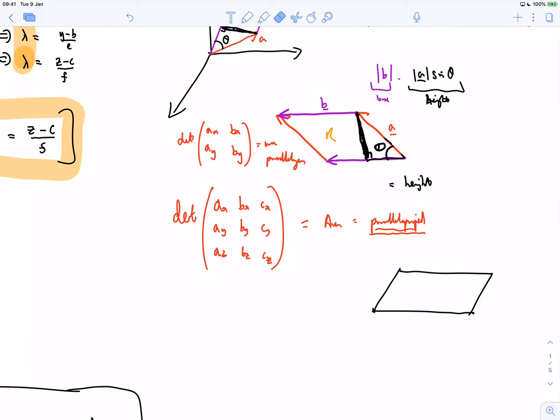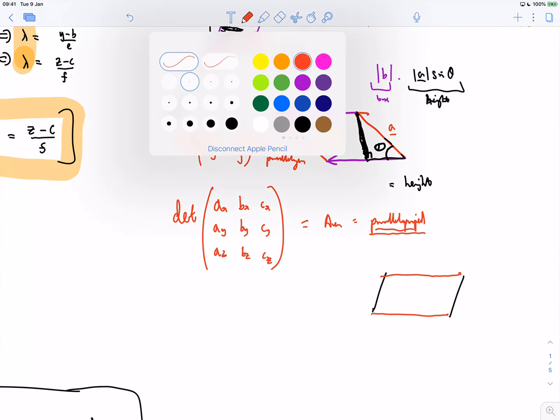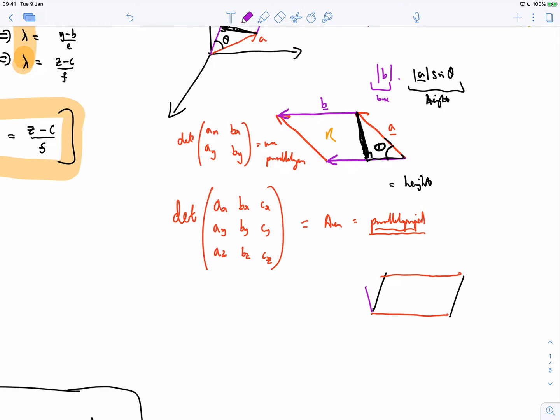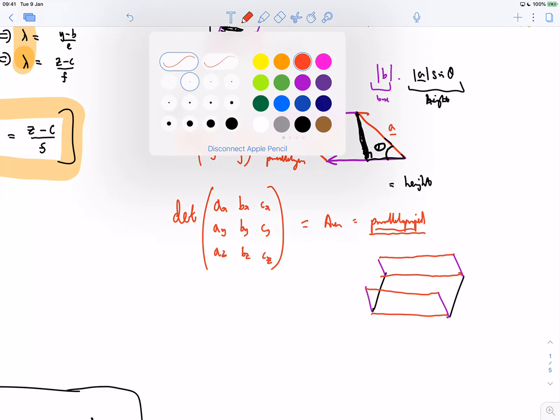So what I'll try and do is get parallel sides of the same colour. So if those two are black and those two are red, let's have these two of the same colour. These two, they're parallel, so they're the same colour. Now I've got these two are red, they're parallel. These two are red, they're parallel.